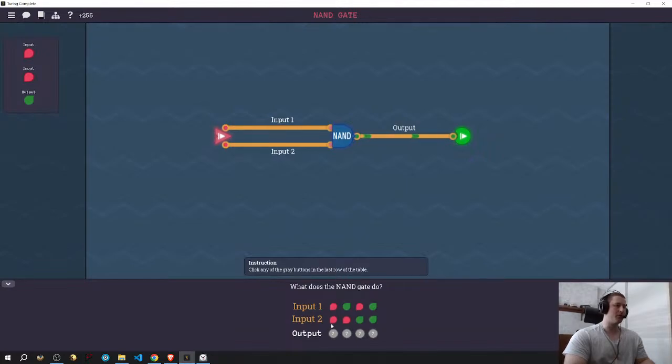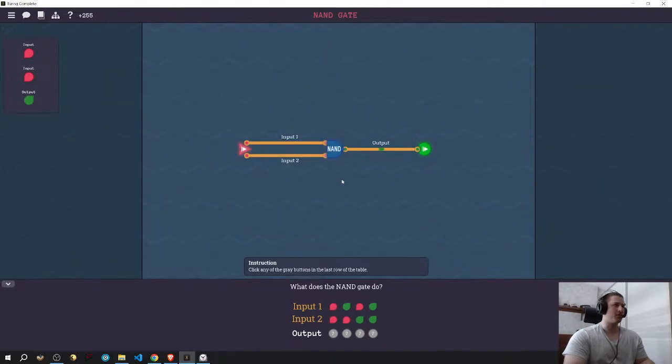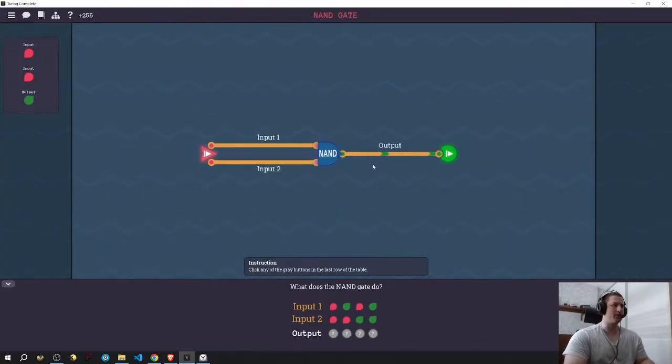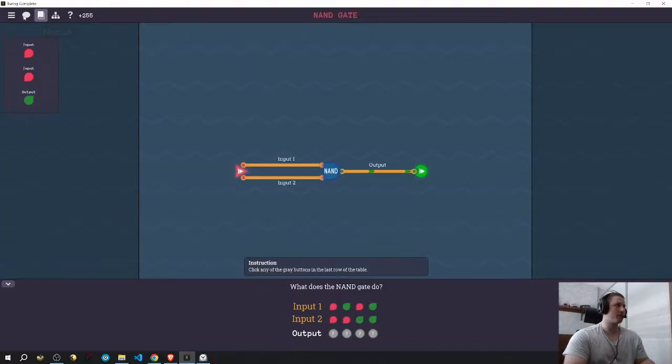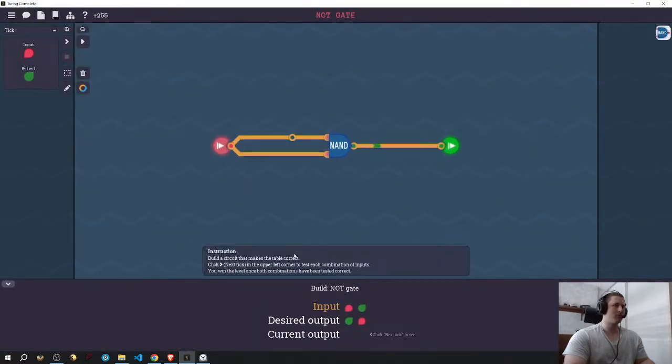So it gives you a truth table, and then you have to make it correct. Not sure why it's not showing here. Probably on the other levels, it shows the gates that you solved. This is obviously just a NAND gate truth table. Another NAND gate.